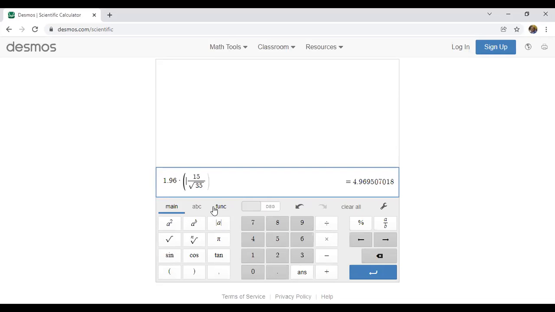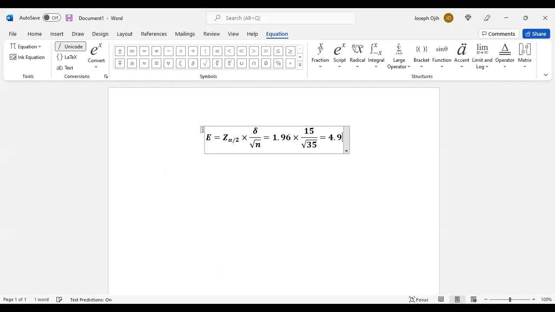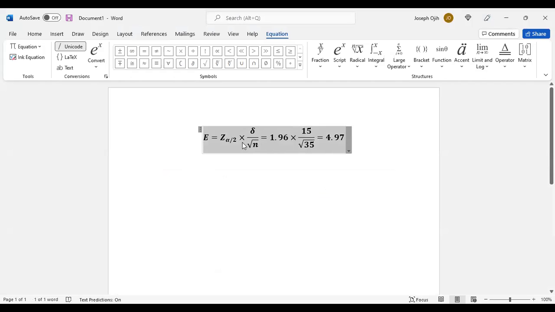I like to put them in parentheses. Okay, 4.97. So write it down, 4.97. I've done the calculation. Let's put it on the workbook. 4.97 right here.